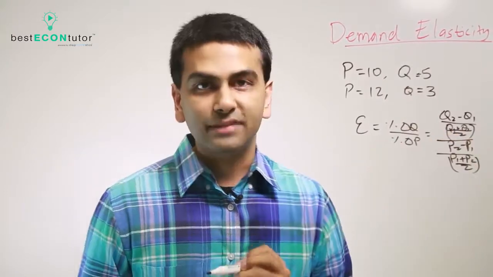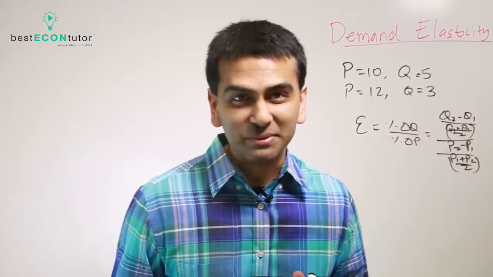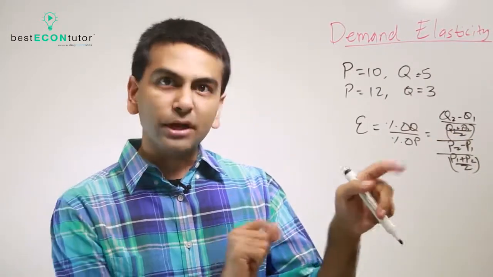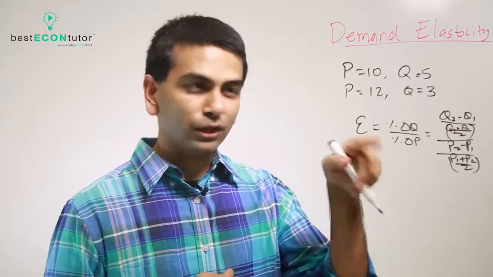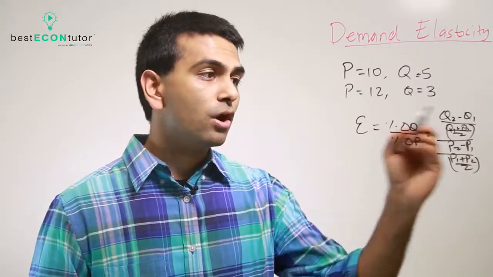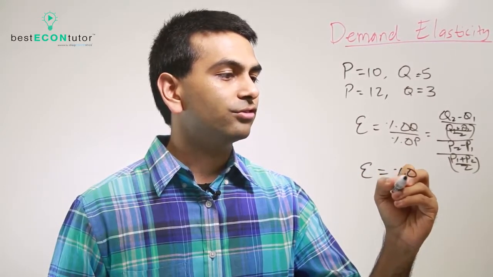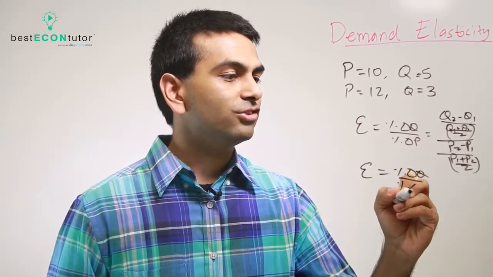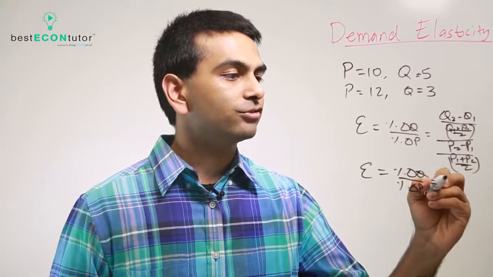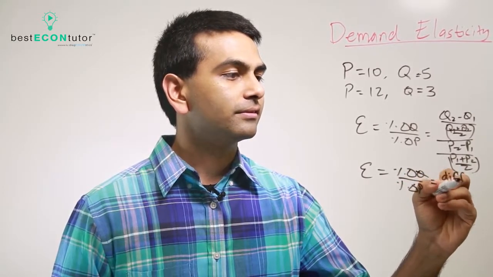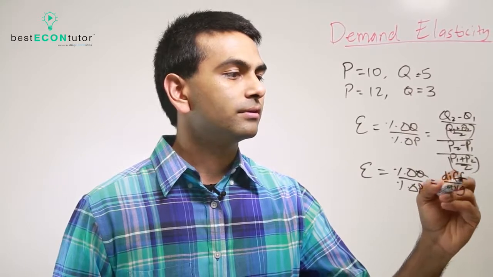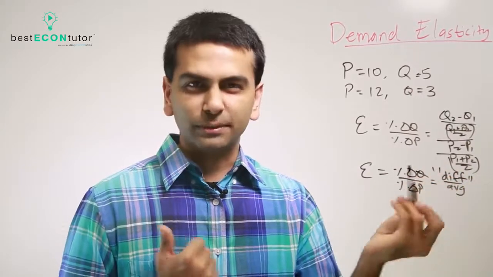So, step 1, panic, right? Not really. Here's the thing. Here's a much simpler way to think about this. It might look long and complicated, but the best way to think about this is that the percent change in anything is really the difference over average. That's what the percent change is.